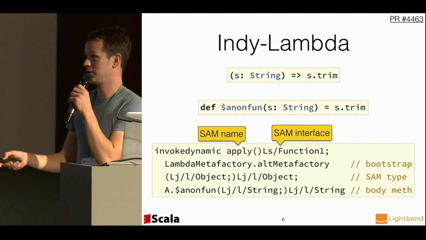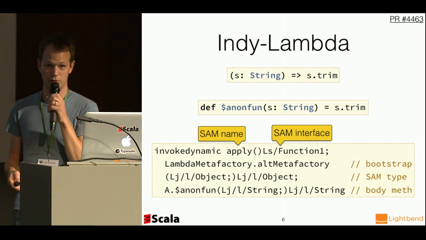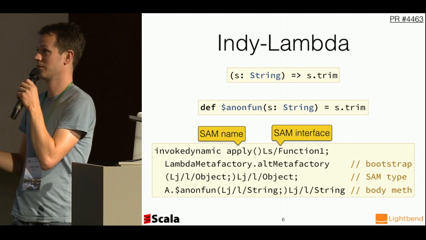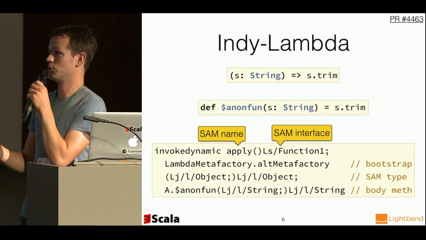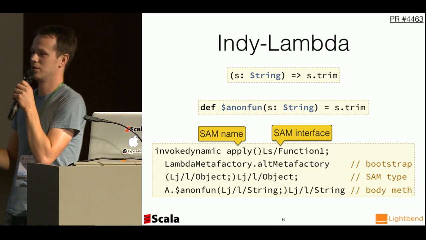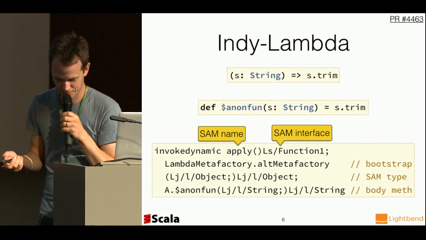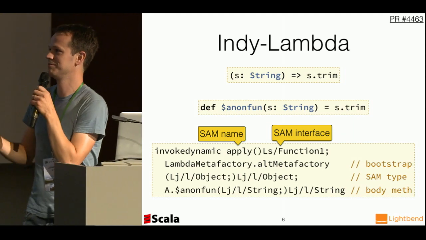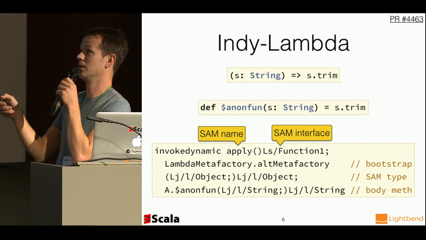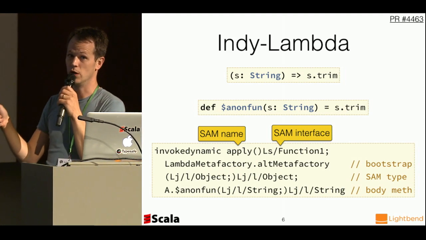And then here are all the things that we need to pass to Invoke Dynamic in order to create the Lambda object. All right, so let's go through. Invoke Dynamic, the instruction, apply is the name of the Lambda. All right, so maybe let's step one step back. What we want to create is an instance of Function1 in this case.